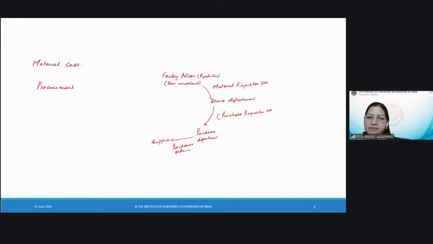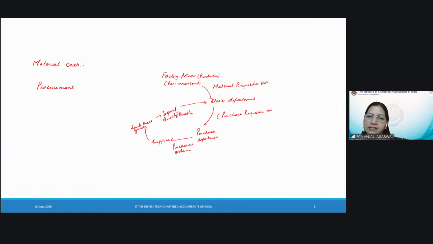So when the purchase department places a purchase order, the supplier sends these goods to the organization. These are then inspected, checked for quality and quantity, that whatever we have ordered, have we received the same thing or not? And then they are placed in the stores department.